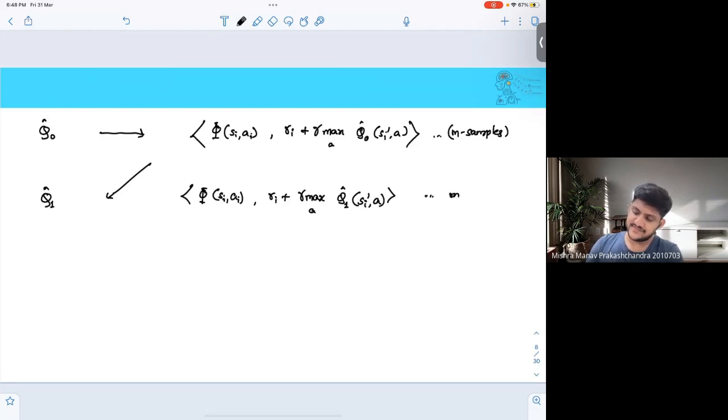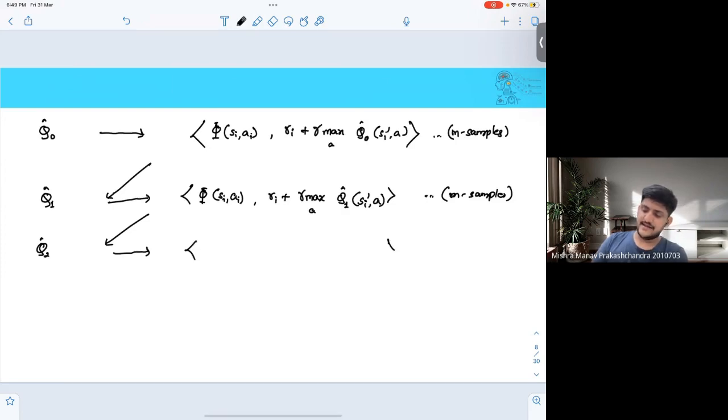Here also I'll take m such samples. From this I'll get q2 hat. Similarly, I generate the data set and so on, until I reach qk hat.